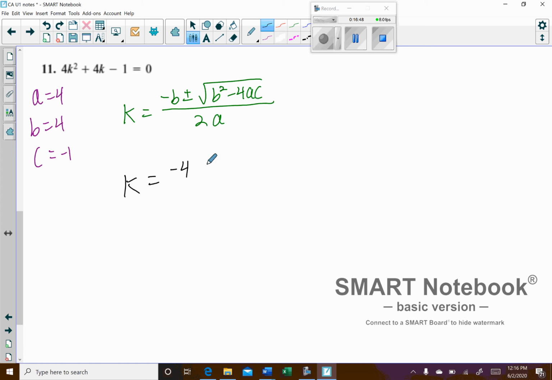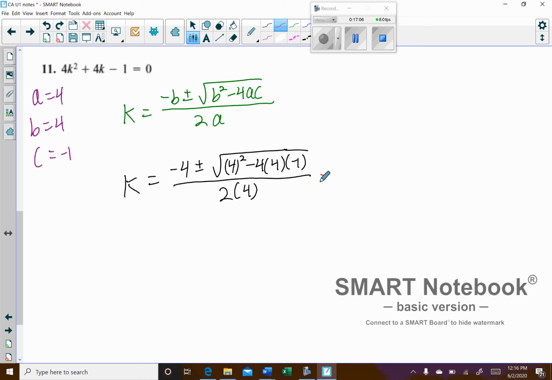So -4 plus or minus the square root of 4 squared minus 4 times 4 times -1, all divided by 2 times 4.